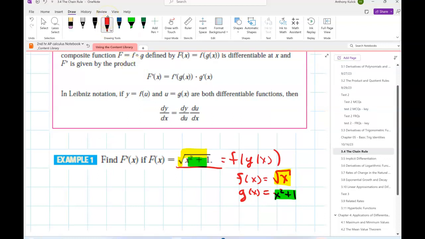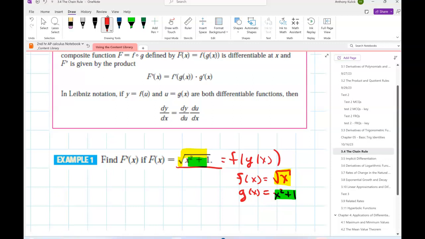Now, Mr. Kulik, why didn't you pick f of x to be the square root of x plus 1 and g of x to be x squared? That's a possibility. Why didn't you write it that way? Very important answer to that.